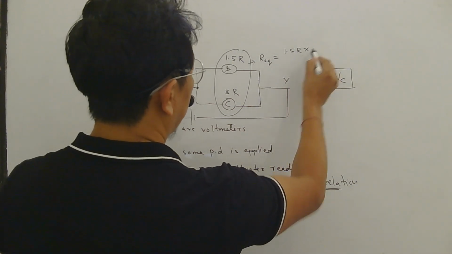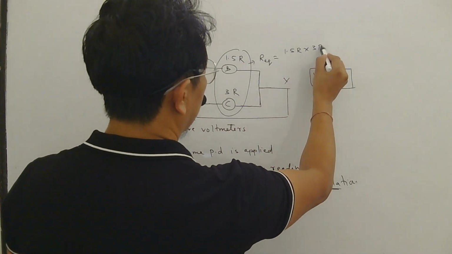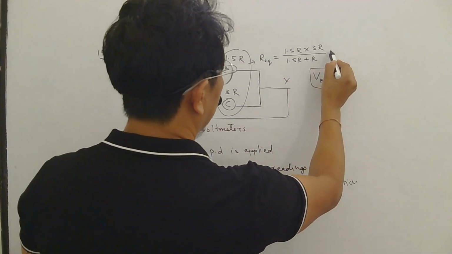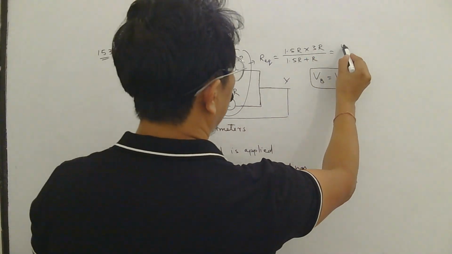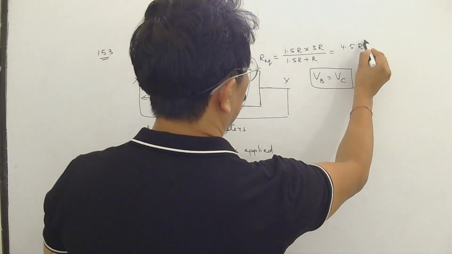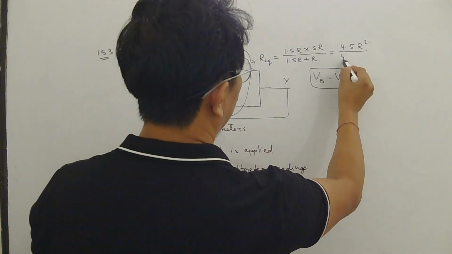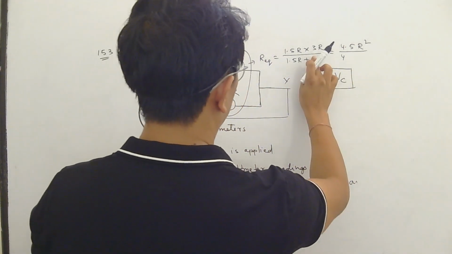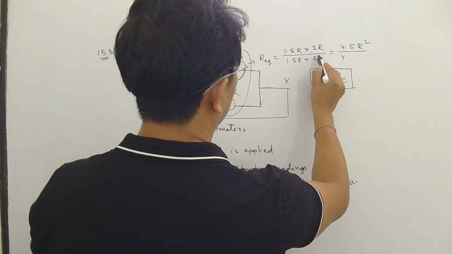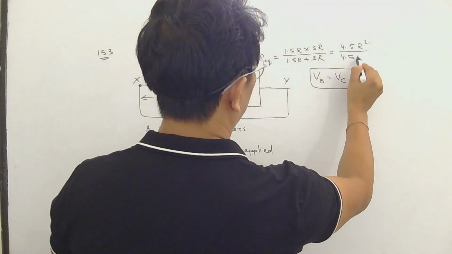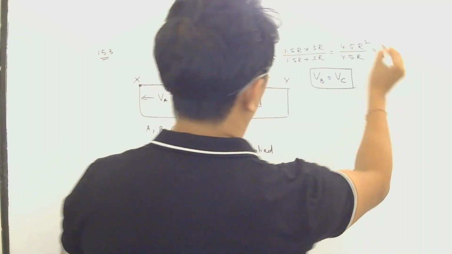R1 is 1.5 R, R2 is 3 R, divided by 1.5 R plus 3 R. 1.5 into 3 is 4.5 R square, over 1.5 R plus 3 R, which is again 4.5 R. That will give you R.